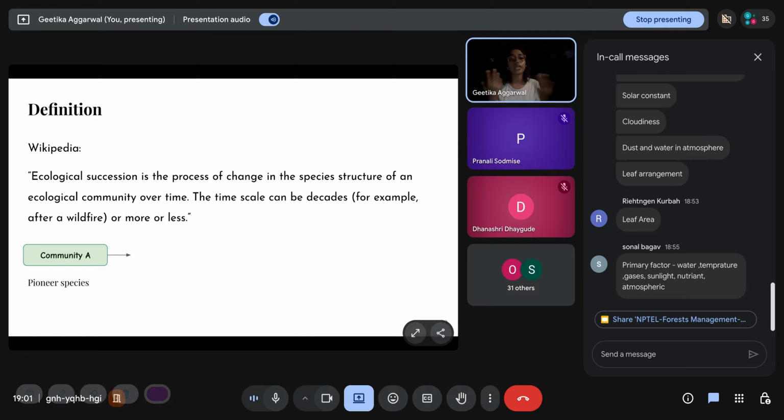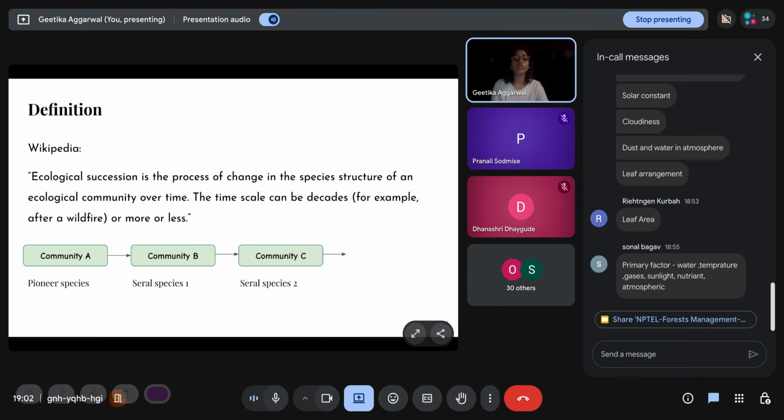For example, there was a volcanic eruption and the lava flowed, and then the rock formed. That could be a second form of barren land formation, basically. So first comes the pioneer community or the pioneer species.